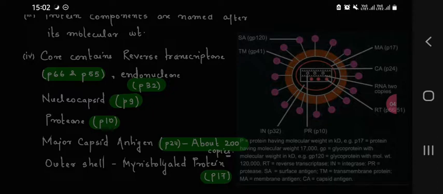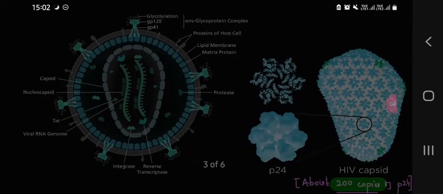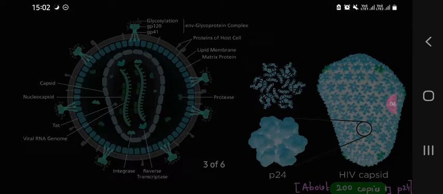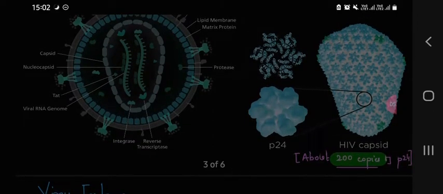RT is reverse transcriptase, I is integrase, PR is protease, S is surface antigen, TM is transmembrane protein, M is membrane antigen, and C is capsid antigen. Glycosylation GP120, GP41. Capsid, nucleocapsid, TAT, viral RNA genome, integrase, reverse transcriptase, protease, lipid membrane, matrix protein, proteins of host cell, glycoprotein complex, HIV capsid, about 200 copies of P24.